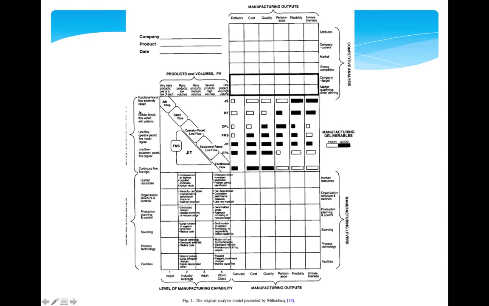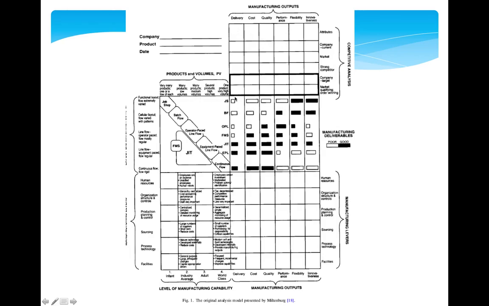This part lists your processes, what kind of process structure you have, and we will go through that when we discuss process strategy. Is it a job shop, a batch flow, just-in-time type of system, or continuous flow operation? What this diagram shows you is which of these systems are best suited to the different performance criteria.